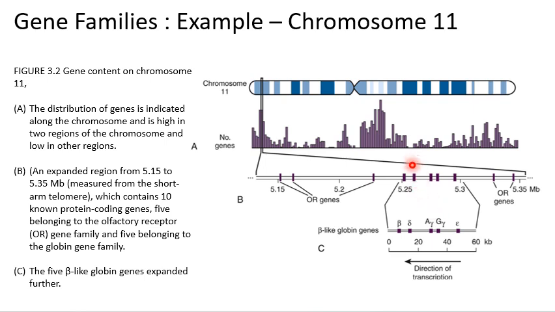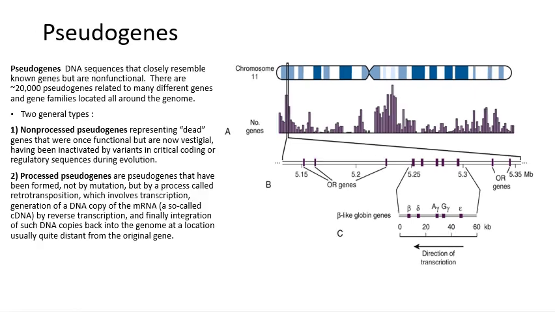On chromosome 11, two famous examples are the beta-globin gene family and the olfactory receptor gene family. Simply, the first gene family is responsible for the proteins that will produce hemoglobin, and the OR genes are basically responsible for our acute sense of smell that recognizes smells and chemicals.